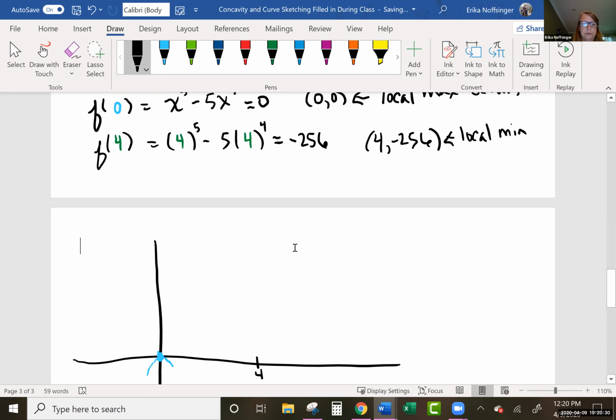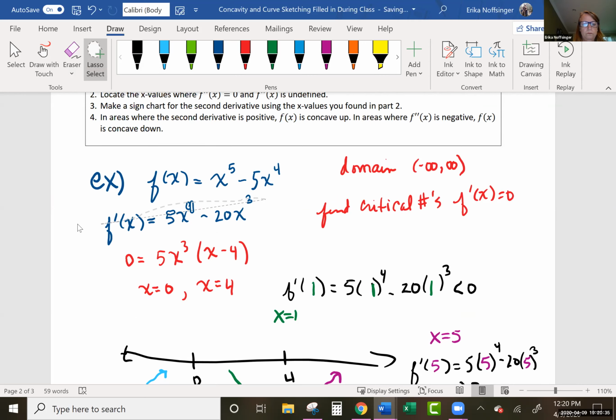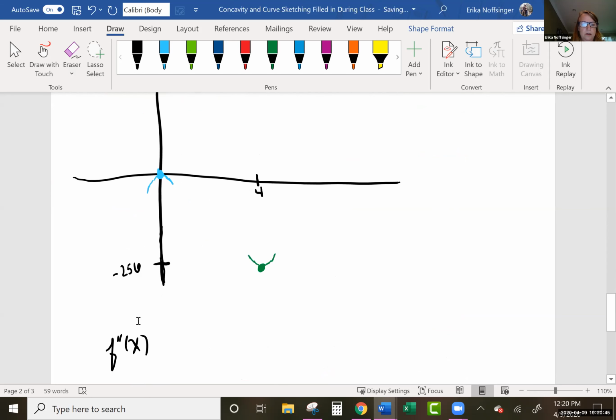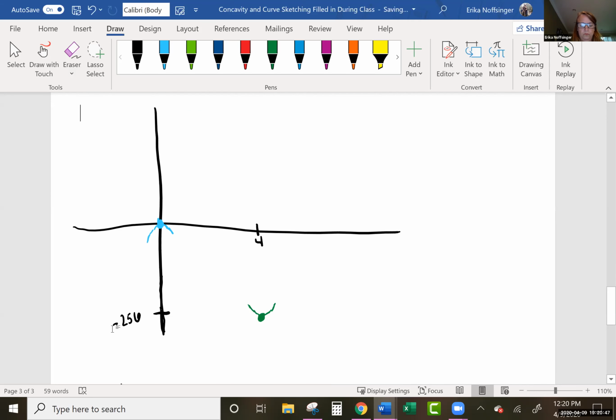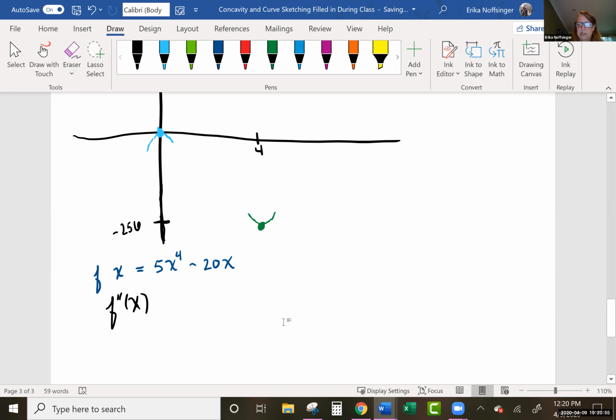Go grab the first derivative. Okay, so that first derivative was 5x to the 4th minus 20x cubed.